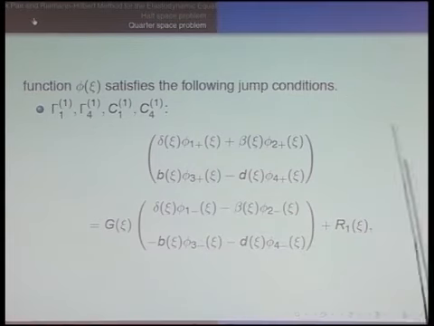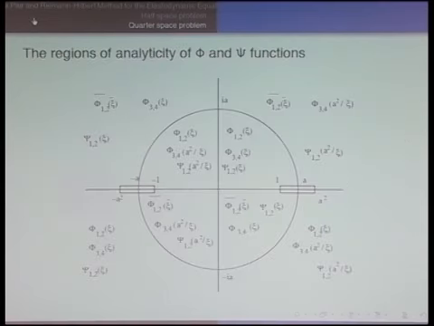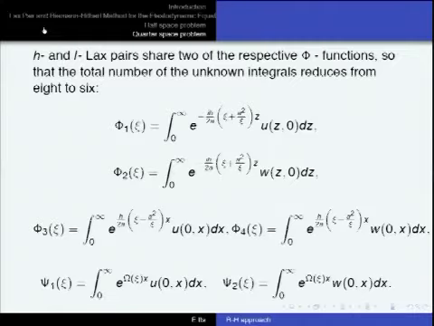It would have been a normal vector Riemann-Hilbert problem, but it is not. But let's now go back a little bit and recall what these unknown functions mean.